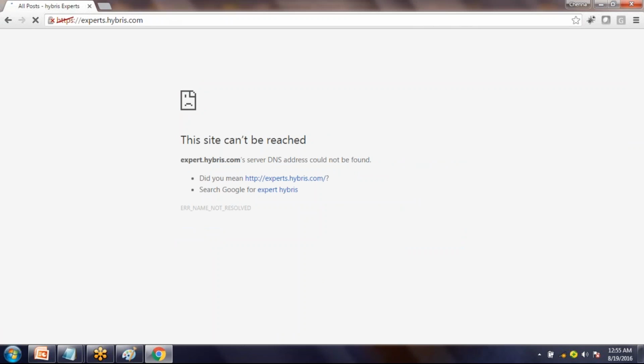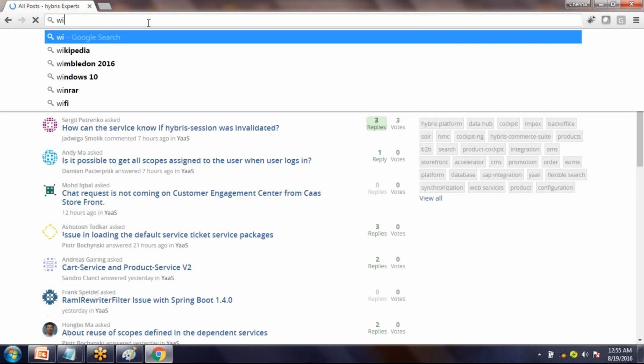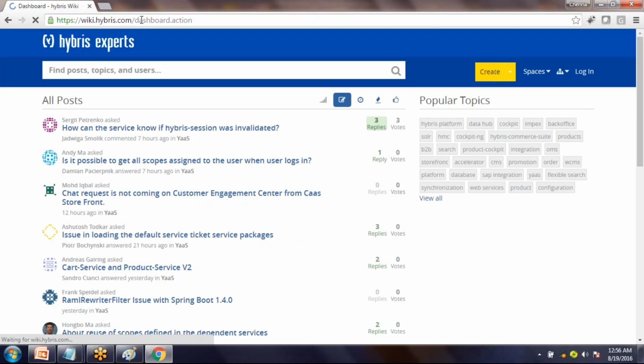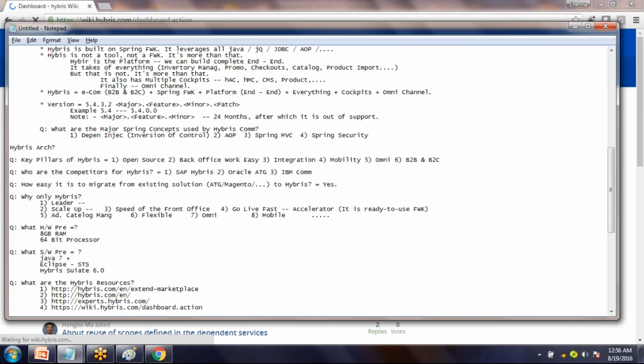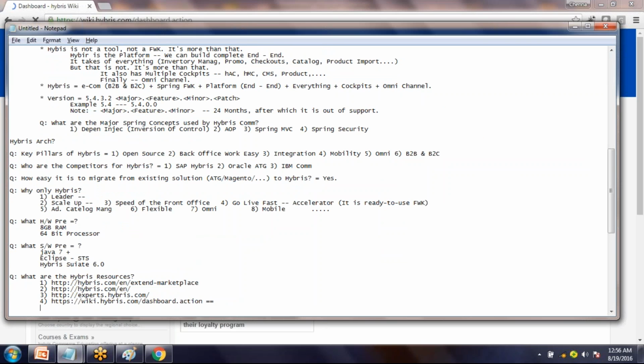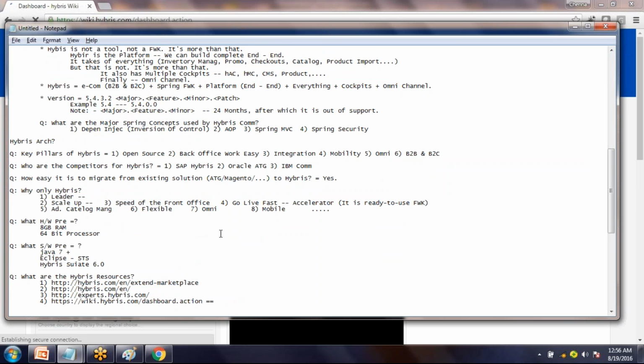The next important one is wiki.hybris.com. This is the important one for you. It will have a lot of things. If you want to download the software, you can go and download it here. What can you do on wiki.hybris.com? You can download the software.